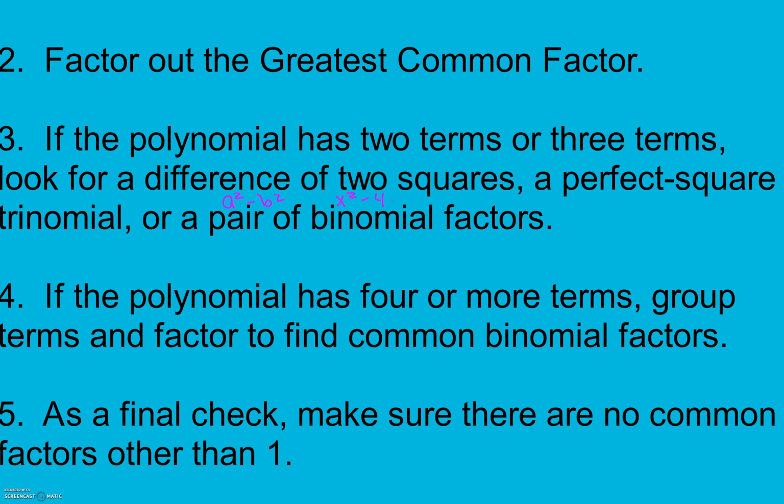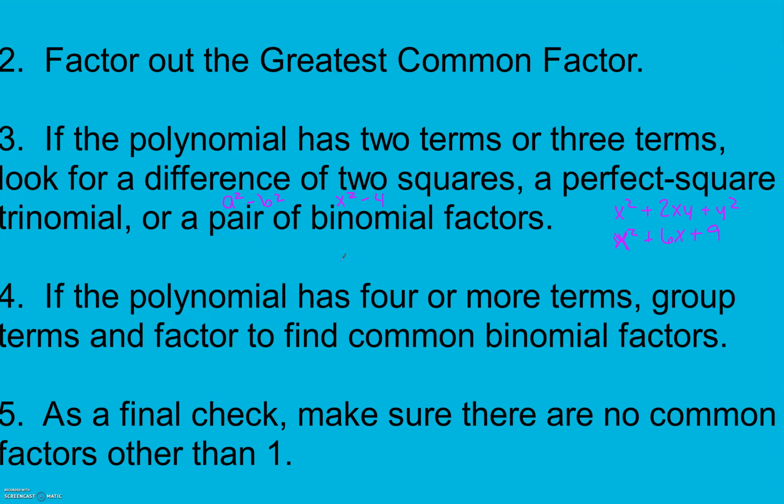A perfect square trinomial, something like x squared plus 2xy plus y squared, or x squared plus 6x plus 9, where x squared is a perfect square, 9 is a perfect square, 3 squared. We multiply them together, 3x, and double it. Or a pair of binomial factors. And that's anytime we find something that multiplies to our last number and either adds or subtracts to our middle.